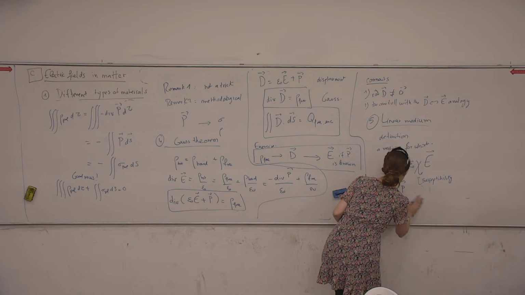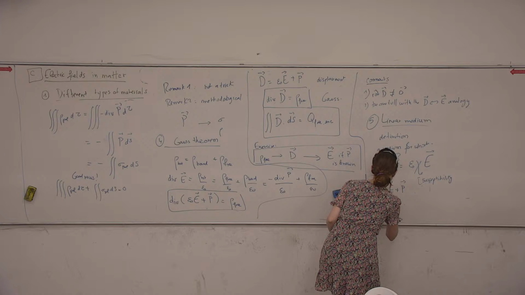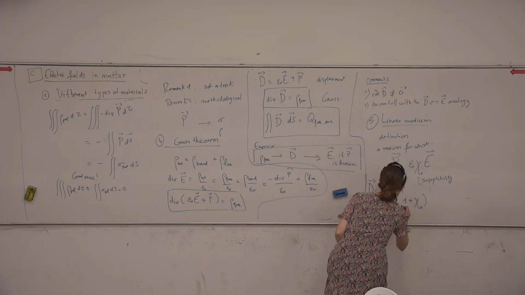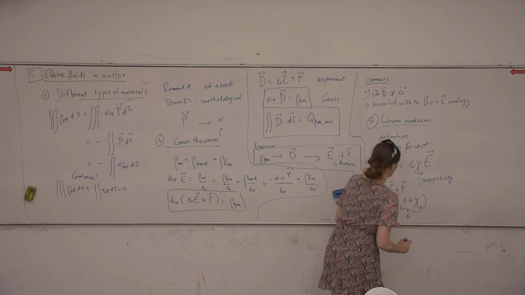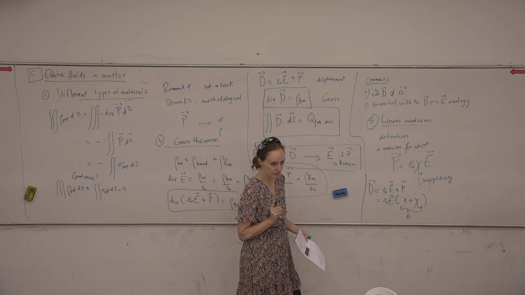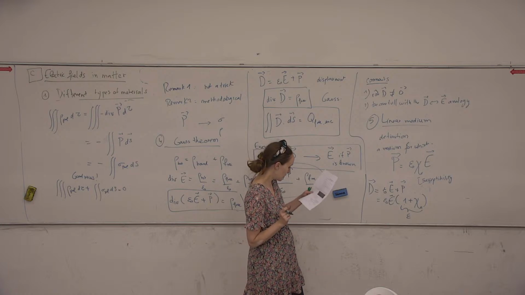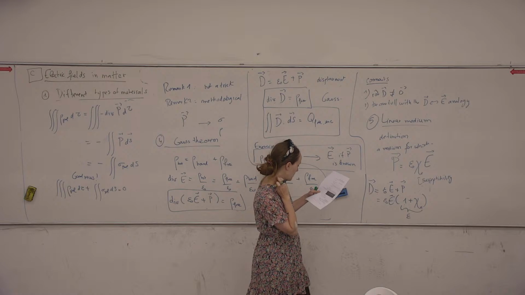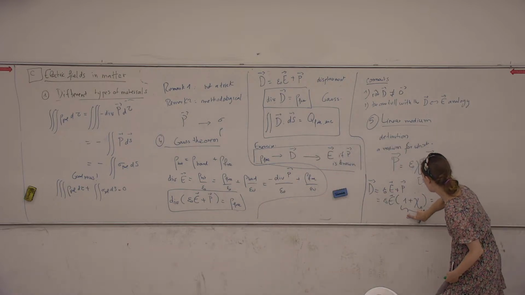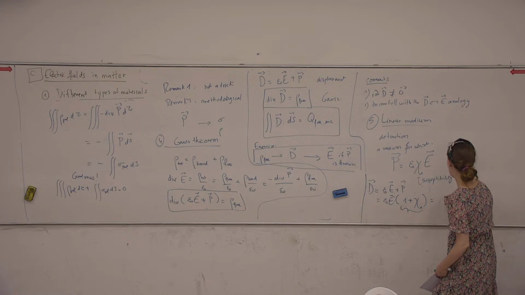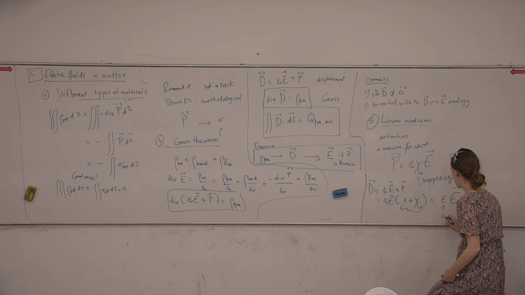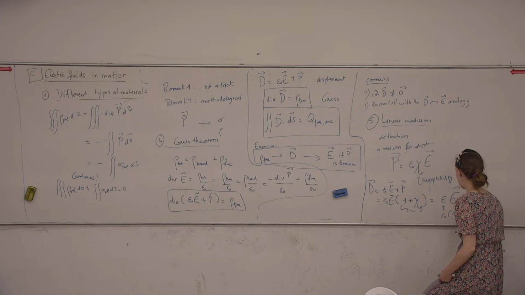I can take epsilon 0 E out, it's epsilon 0 E times 1 plus chi. And this is the dielectric coefficient, okay, which you also might have heard of. Actually, the dielectric coefficient is not exactly this. It's this, okay? This is equal to epsilon 0 times 1 plus chi.